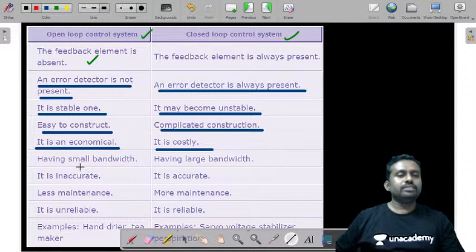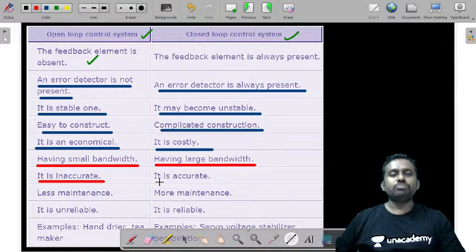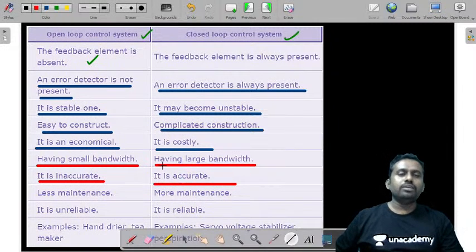And coming to bandwidth, an open loop system has a very small bandwidth, whereas a closed loop system has a larger bandwidth. Because it's an open loop system, it is an inaccurate system, because whatever output we have got, we have just kept the same. We did not try to give feedback and change it in open loop systems, whereas in closed loop systems, we give some feedback to get the desired output.